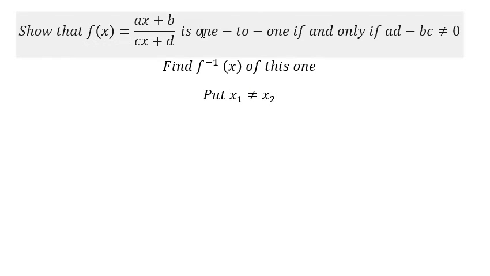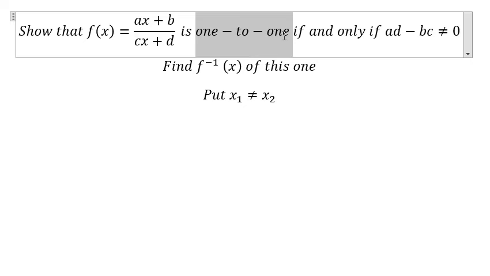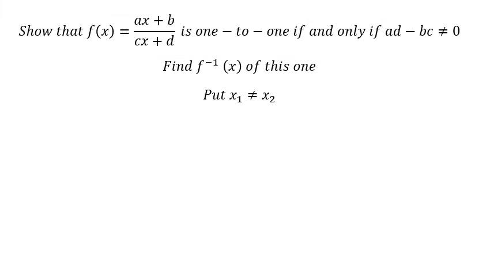We want to prove that this is a one-to-one function when ad minus bc is not equal to 0. That means if I put s1 and s2 in here, they cannot be the same, because this is a one-to-one function.